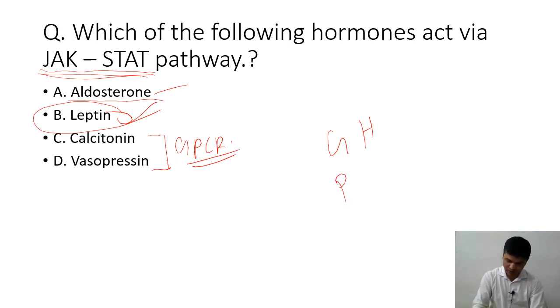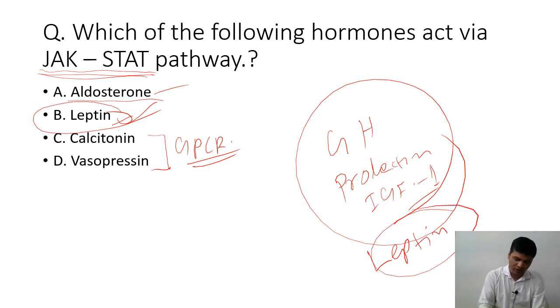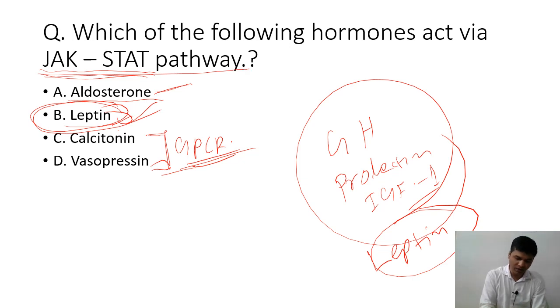Aldosterone is intracytoplasmic, and calcitonin and vasopressin act through G protein coupled receptor. So B is the answer, leptin will be your answer.